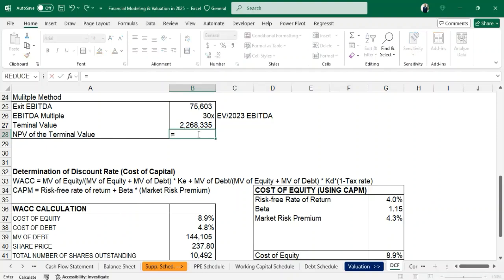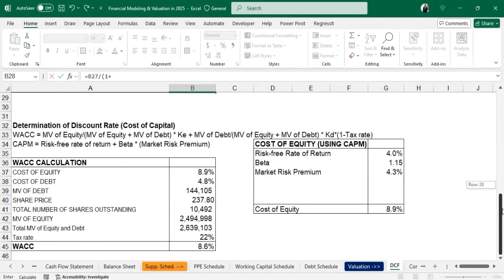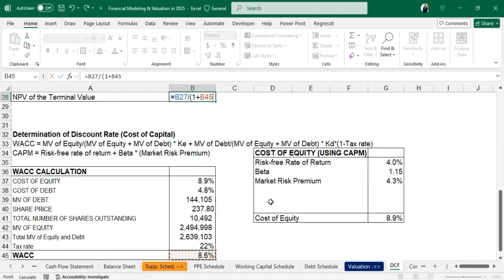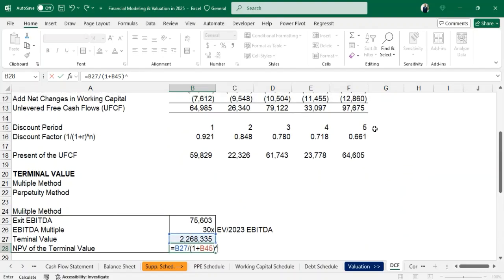So this should be equal to our terminal value divided by bracket open 1 plus our WACC, our weighted average cost of capital, close my parentheses, and raise that to the power 5, which is the last year from here.